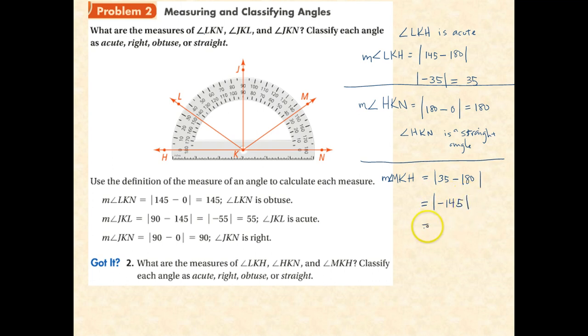So the measure of angle MKH is 145 degrees. That's more than 90, less than 180. So angle MKH is obtuse.